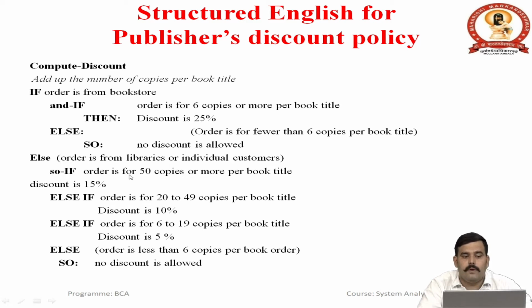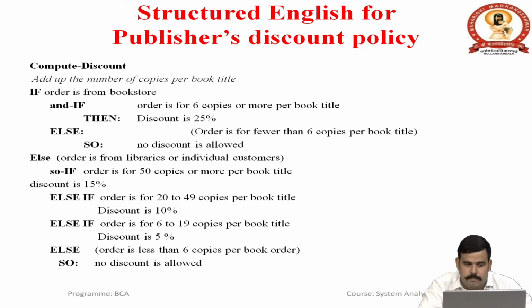So, if the order is 50 copies or more per book title, the discount is 15%. If the customer type is library or individual and the order is 40 copies or more per book title, the discount will be 15%.